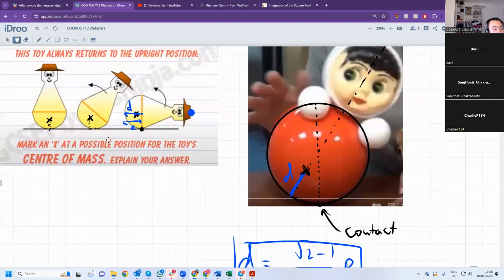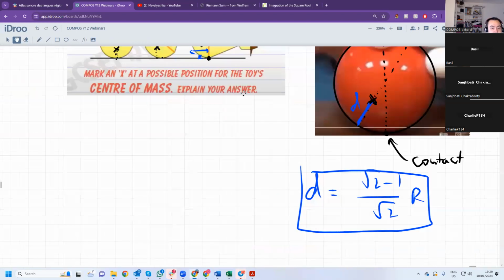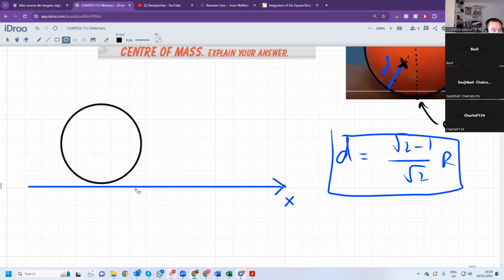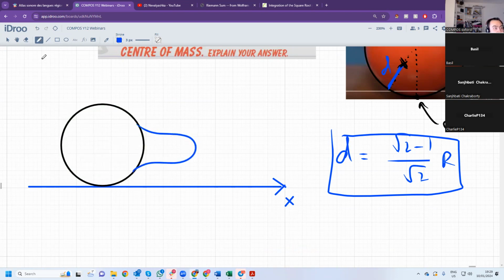So what do we have? Well, we need an x-axis, and we have a sphere, and we have the toy's head, right? So let's say this is 0, this is R, and this is H. This is the length.